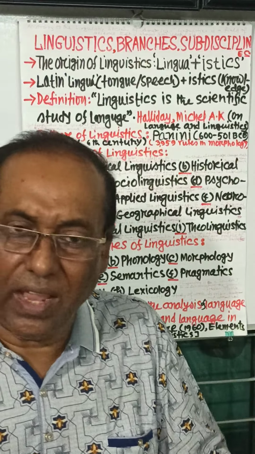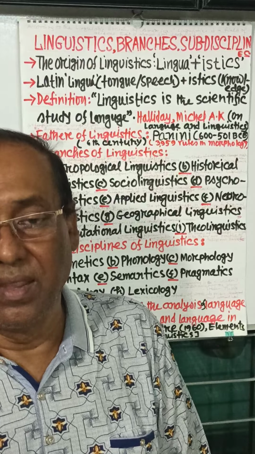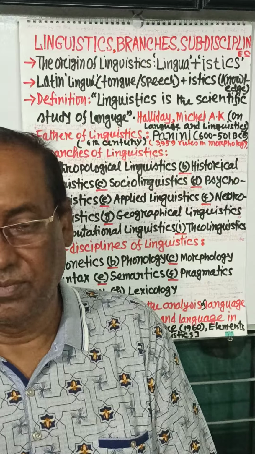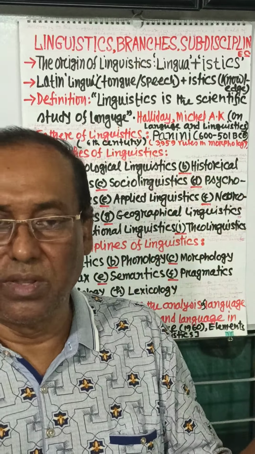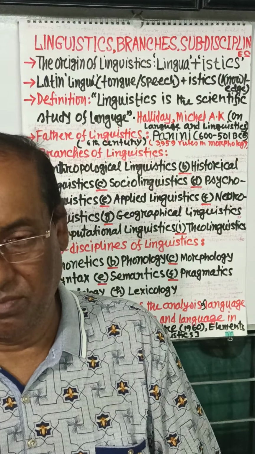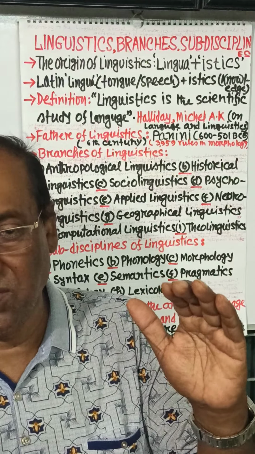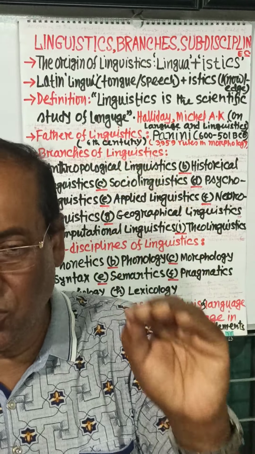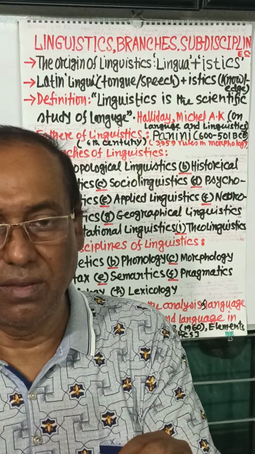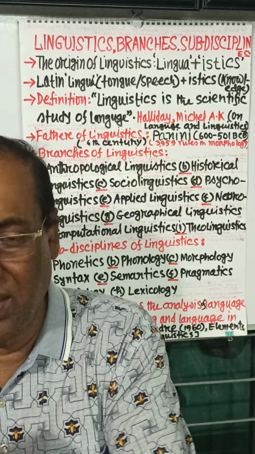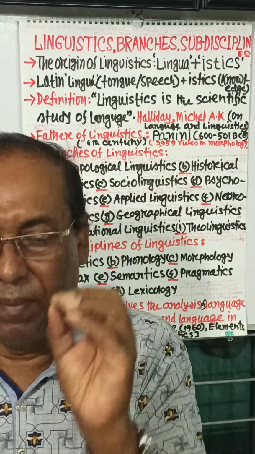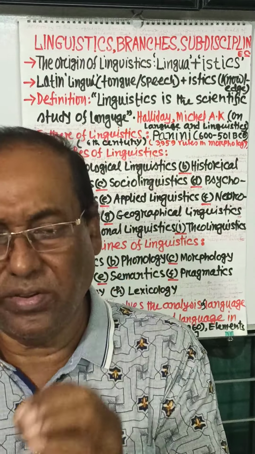Pragmatics is the scientific study of meaning in context. The main difference between semantics and pragmatics is that semantics deals with meaning without context, that is literal meaning. On the other hand, pragmatics deals with meaning in context.